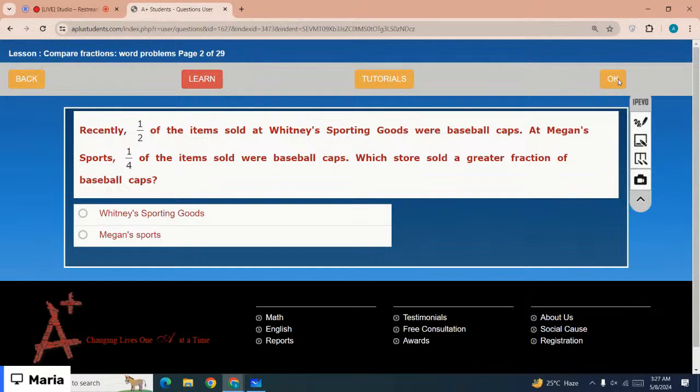Yes, half, 1 by 2, is greater than 1 by 4, right? That means Whitney Sporting Goods sold the greater fraction. The correct option is Whitney Sporting Goods.